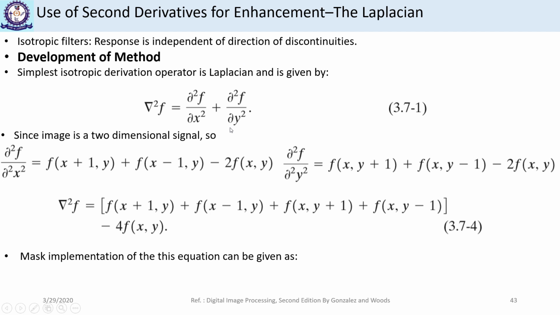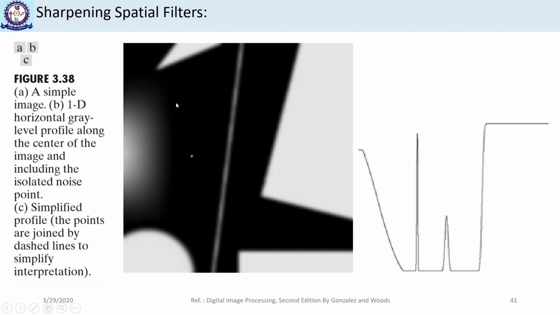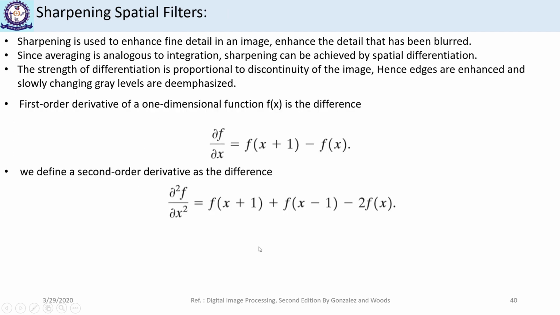Now from the second order derivative formula, if you remember, here what do we do? For the second order derivative, the next instance and the previous instance are added and two times the current instance is subtracted.